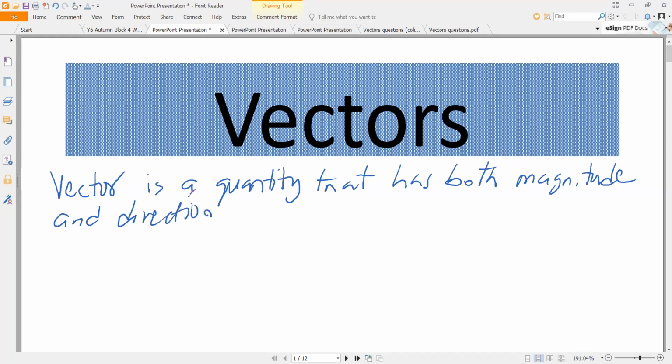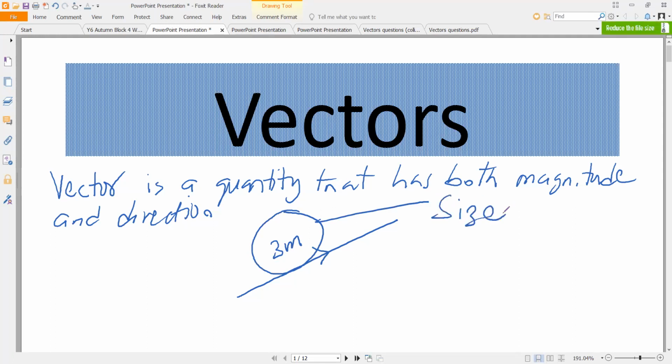So when I say magnitude, if I draw a line, for instance, look at this line, and I tell you that the length of this line is 3 meters. This is also known as size, or you can call it magnitude. However, there is a direction from this.